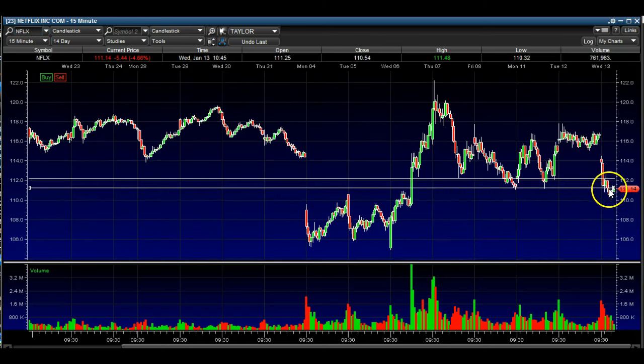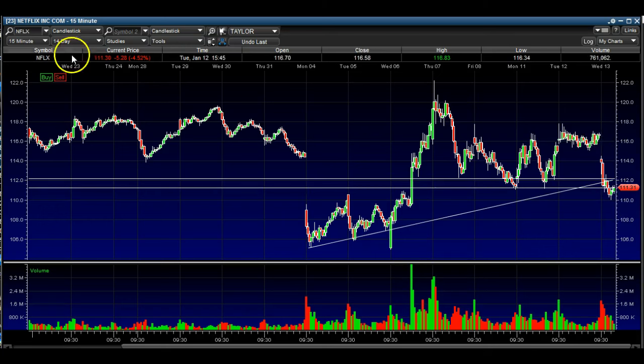It seems like it might have found a bottom here, but again, it's below this support, and it's also below this uptrend line support that it had as well. So not exactly a great look for Netflix in the short term, but again, it's got this gap to fill up there.